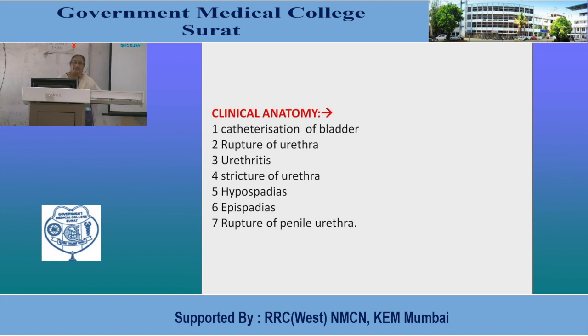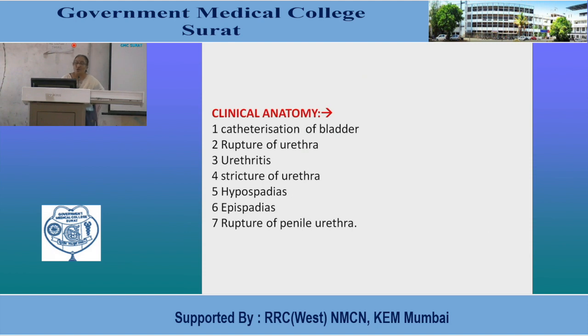Now what happens with rupture of the urethra? Rupture of the urethra can produce extravasation of urine up to Holden's line in the lower limb. So here we can see the rupture of the urethra, another clinical anatomy of the male urethra. The inflammation of the urethra is called urethritis.